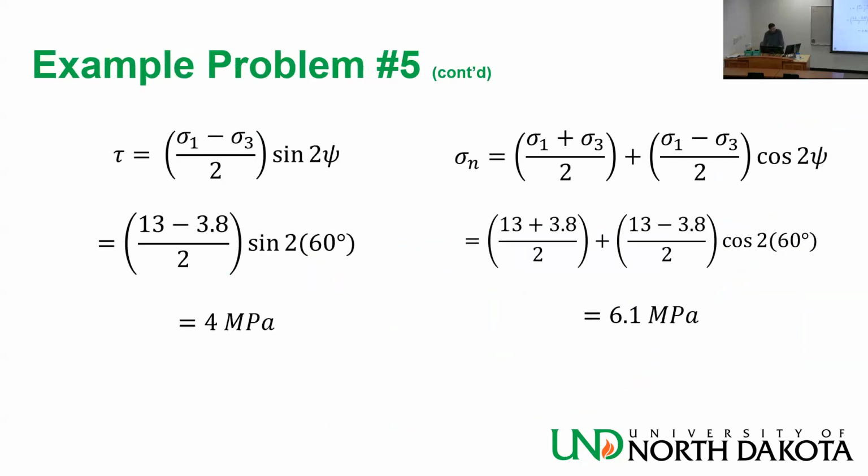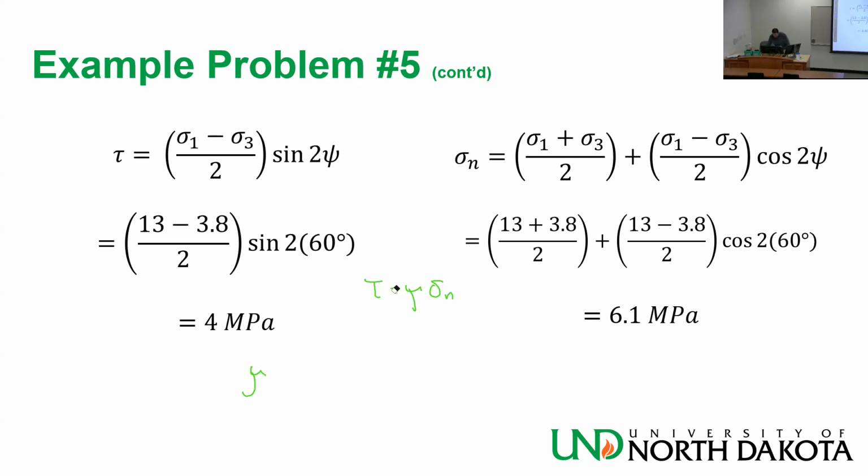It didn't tell us what mu is, but we can calculate a critical mu. So basically, because I have tau equals mu sigma n, let me show you.